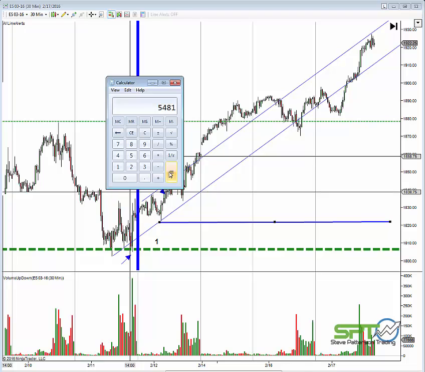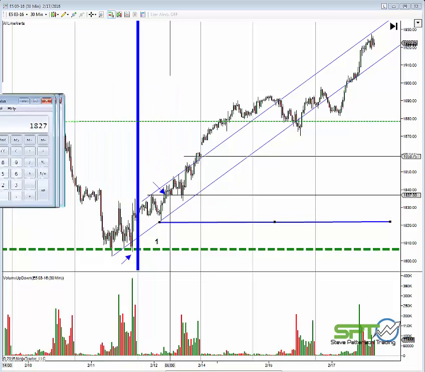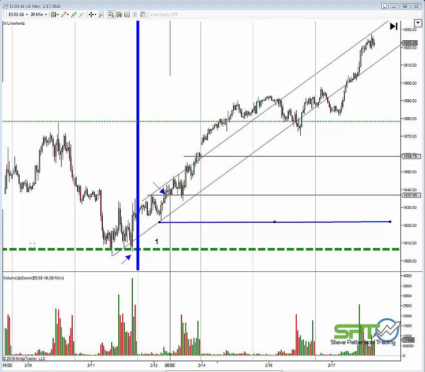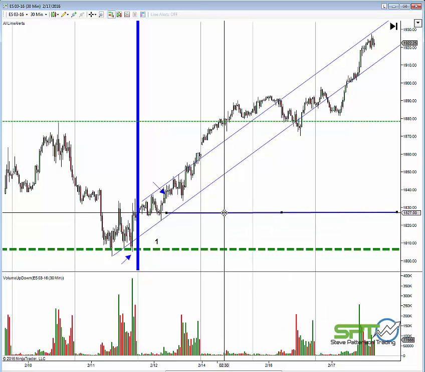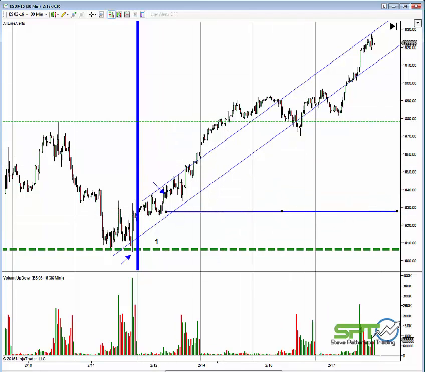We divide by 3. 1827. So you can see in a medium type of trend, having a stop at 1827, remember we don't see the future, right? That looks pretty safe too, doesn't it? Because that trend is pretty strong. Does that make sense?